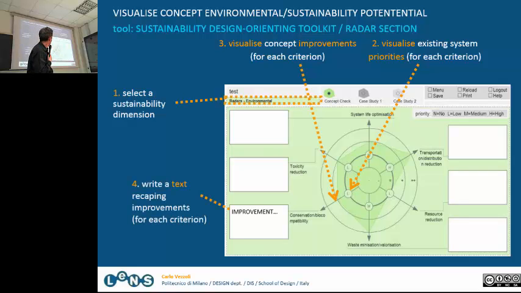And then here as well, you can write the level of improvement, a recap of the reason why there is an improvement in relation to conservation biocompatibility. And why? Because this radar diagram is something we have often used in companies, where we develop a concept and present it to the company.